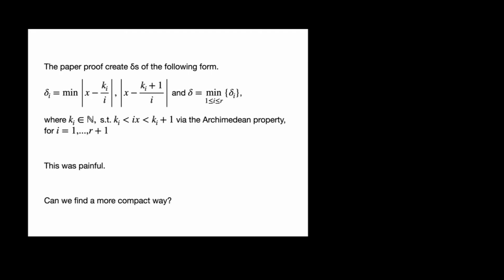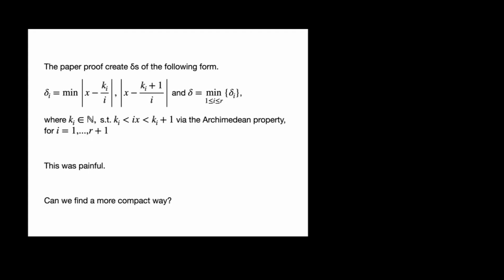What was particularly painful about it is, since we're invoking this existential, doing this over an index becomes cumbersome, especially as you have to start proving other sublemmas, such as proving that delta is positive, or as we derive the inequalities later on in the proof, always appealing to this Archimedean property.